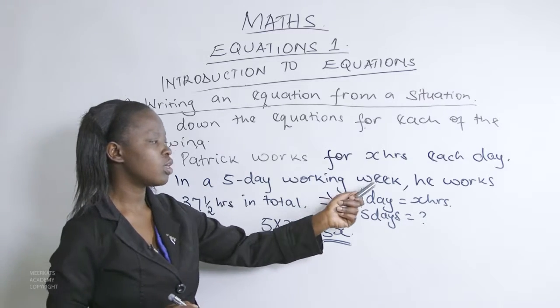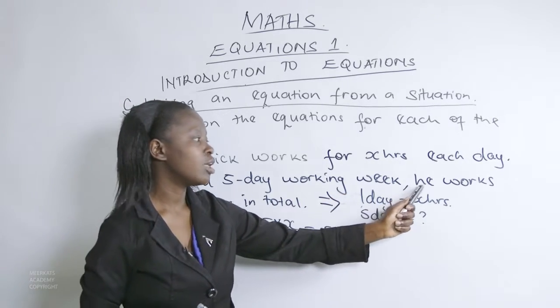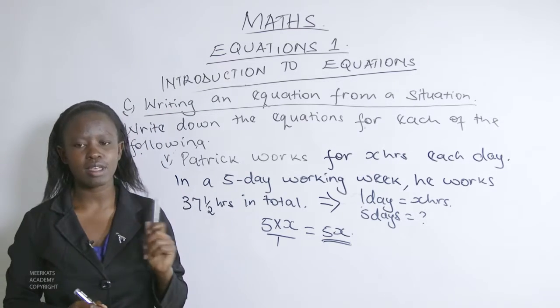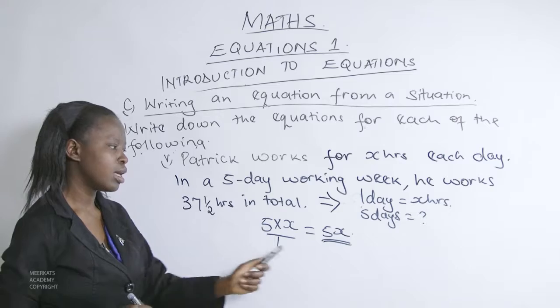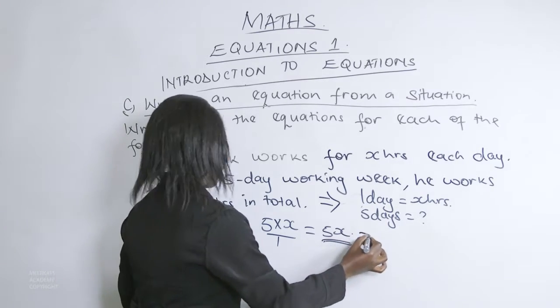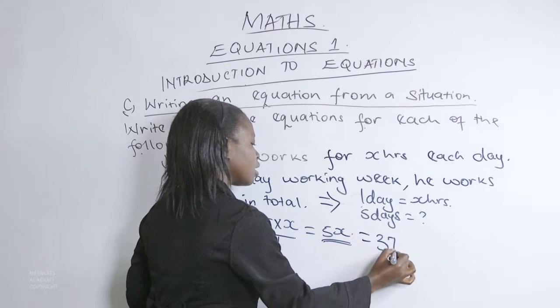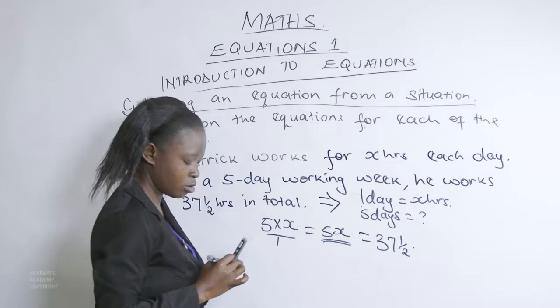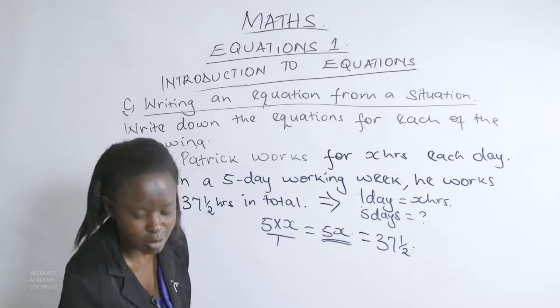But the question is telling us that he worked for 37.5 hours in total. So what does it mean? This 5X is equivalent to 37.5 hours. 5X is equal to 37.5 hours.